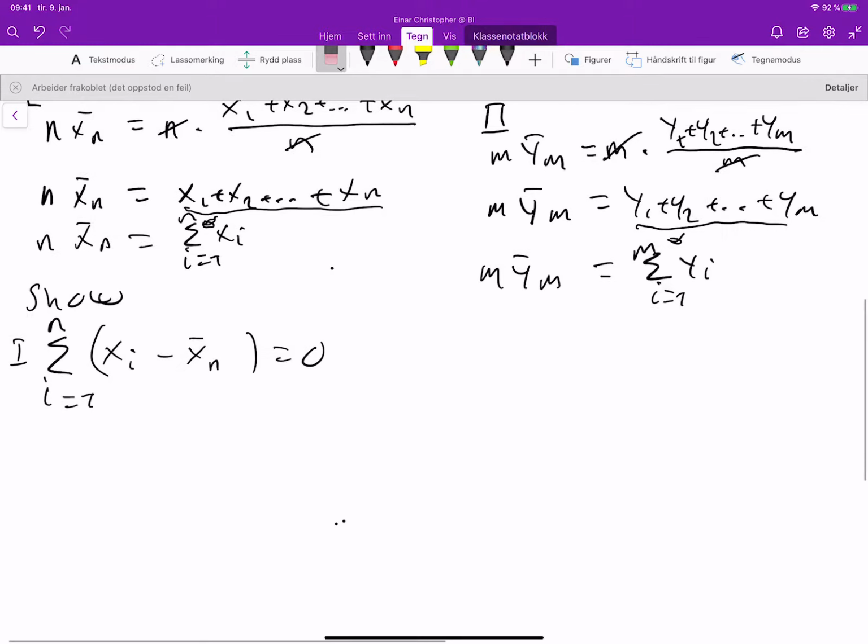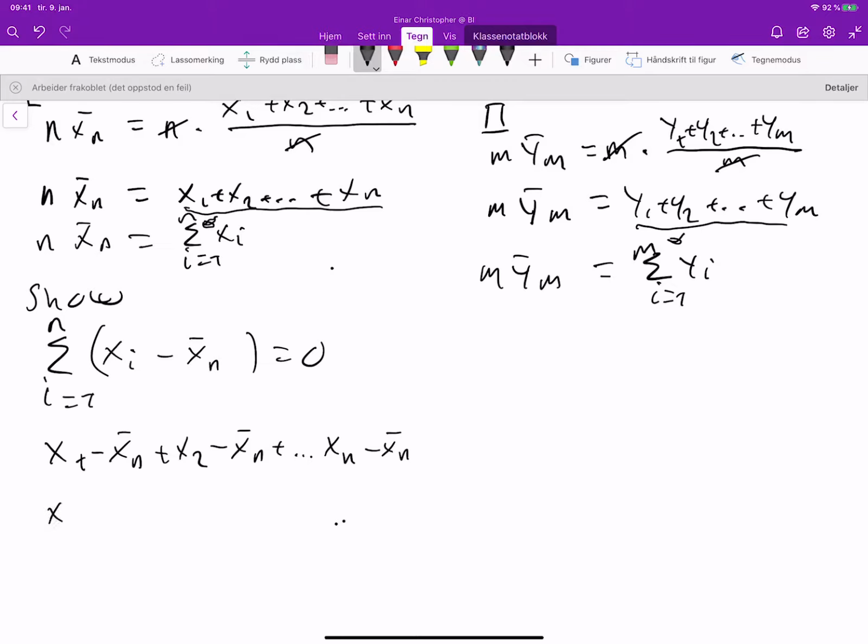There are a lot of ways of doing this, but I think I will do it the hardest way, and that is writing out the sum. That is x1 minus xn bar plus x2 minus xn bar plus xn minus xn bar.